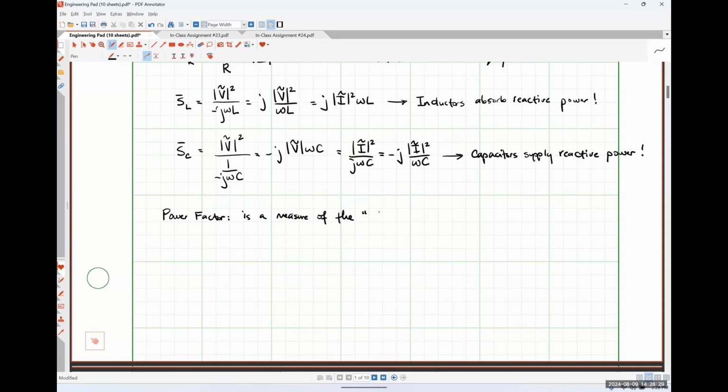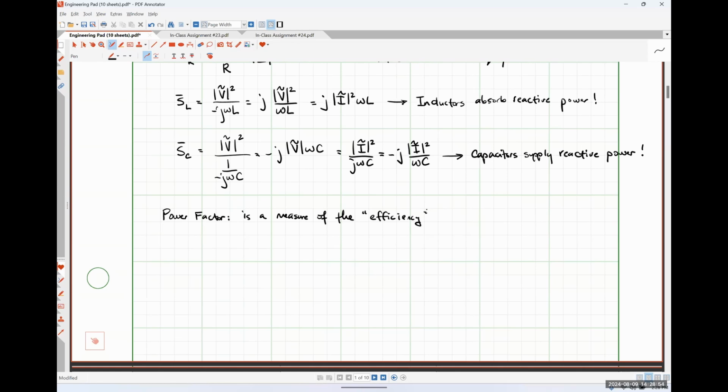of the "efficiency," and I'm putting efficiency in quotes here because I don't mean efficiency exactly the way that we probably think about it, where efficiency would be a measure of power out over power in or something like that in an electrical system.